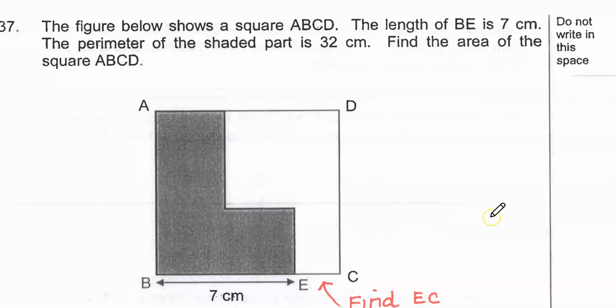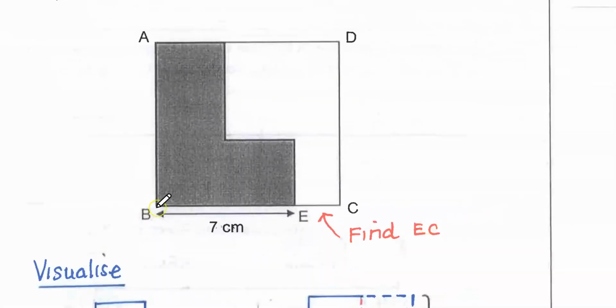The most important thing to do is to find one side, from B to C. Therefore I need to find EC. If I find EC, I'm able to find BC, the total length, which is 7 cm plus something over here. Then I can find the area of the square.